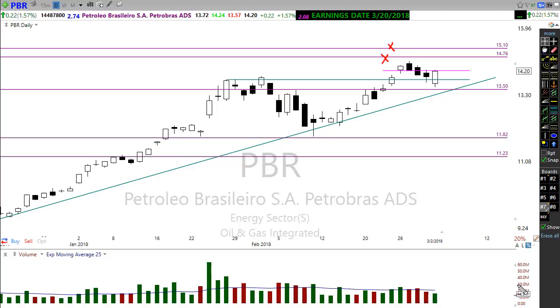I always place my first target somewhere around that 20%, Daniel, and I look in the chart itself to see if 20% is possible. Because I know if I can make 20% on most of my trades, I'm going to have a fabulous year.